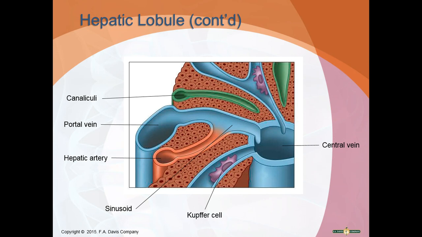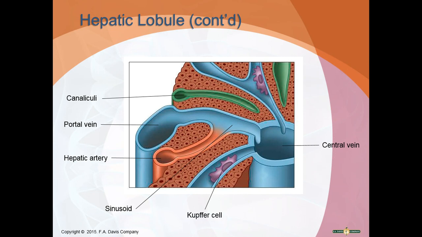Nutrient-rich blood from the stomach and intestines enters the lobule through small branches of the portal vein, for instance right here, and the blood filters through the sinusoids, allowing the cells to remove nutrients as well as hormones, toxins, and drugs. At the same time, the liver secretes substances such as clotting factors, albumin, angiotensinogen, and glucose into the blood for distribution throughout the body.